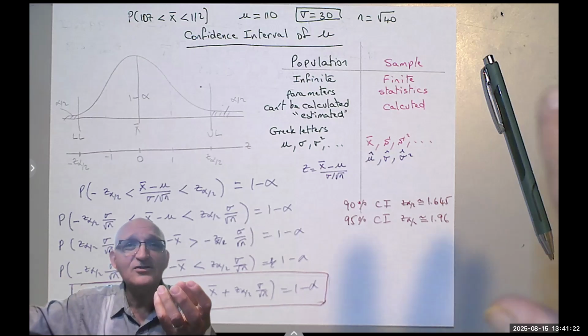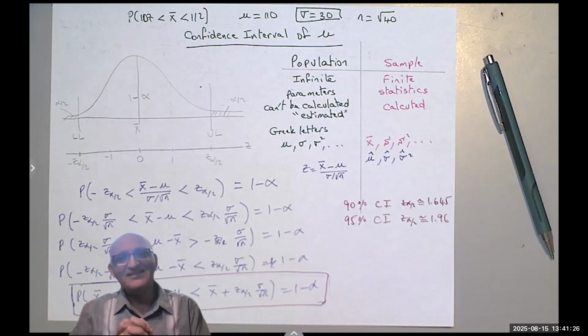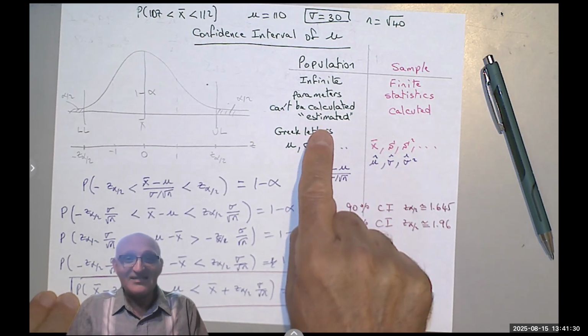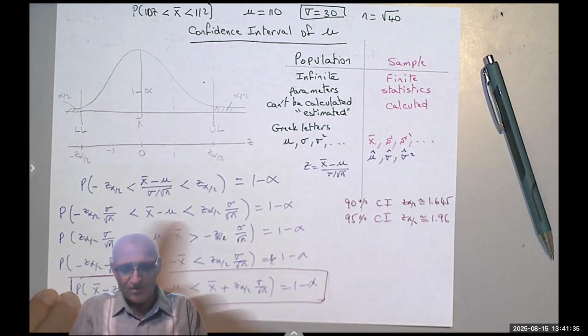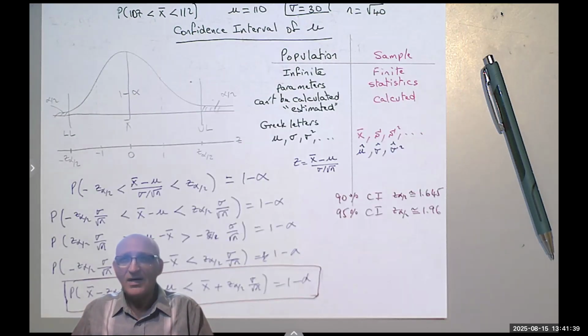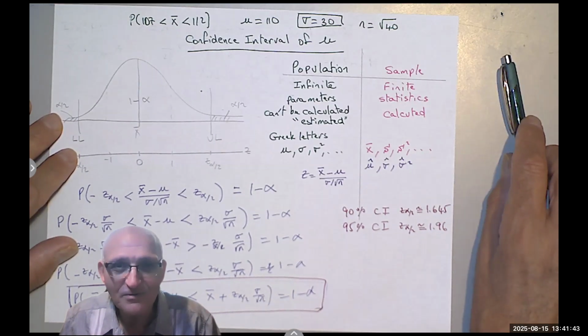So if you don't know the mean, how on earth did you calculate the standard deviation? I told you they are estimated, not calculated. And then I tricked you and I said, okay, so let's divide by sigma or multiply by sigma because I know sigma is 30. What? It's impossible to know sigma without knowing mu.